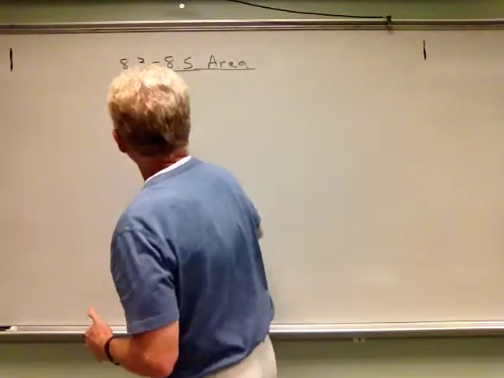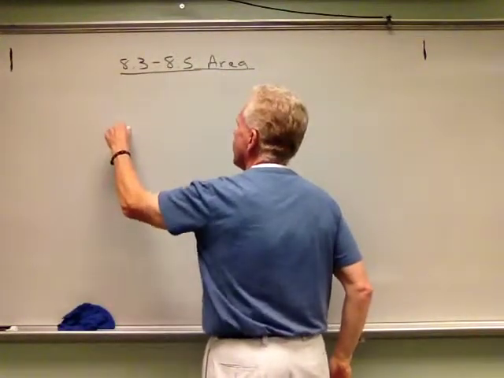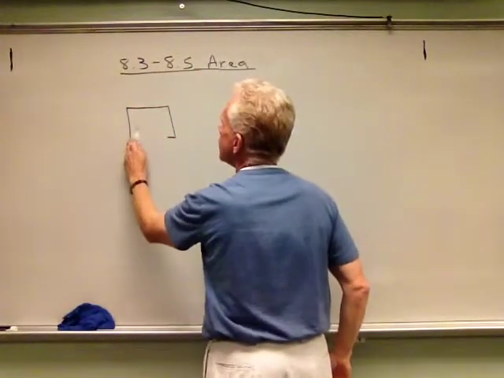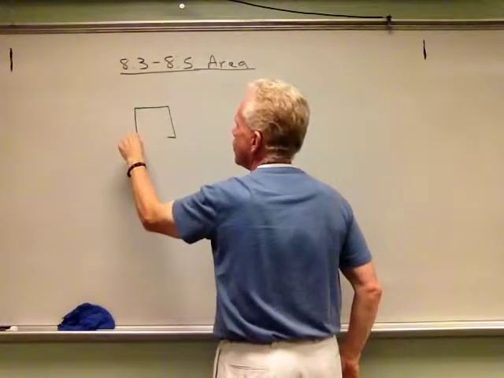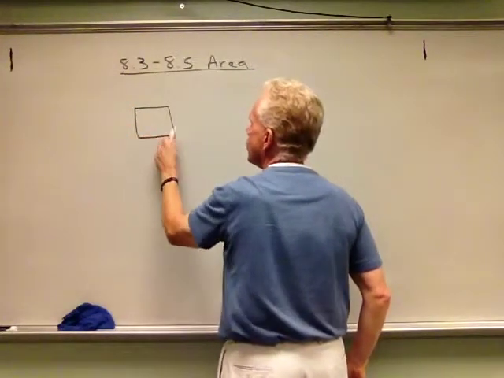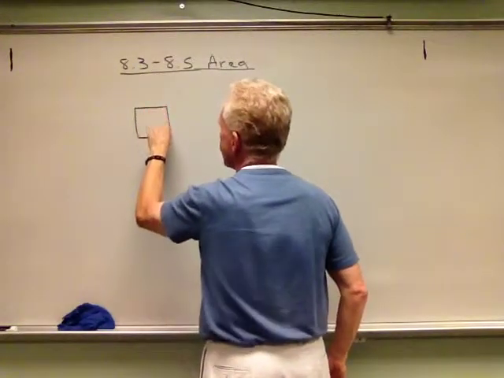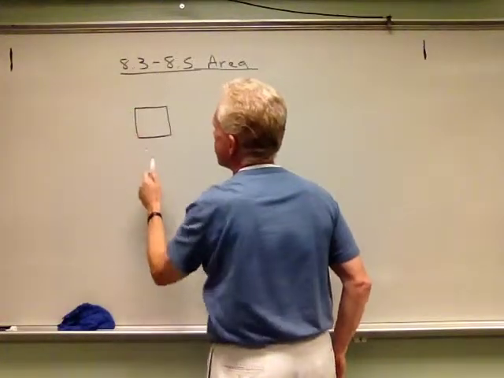Let's move on. Let's talk about now the area of, golly, y'all, this is not good. It's so hard to begin to draw one of these things. Every time I try to fix something, it makes it a little worse, I think.